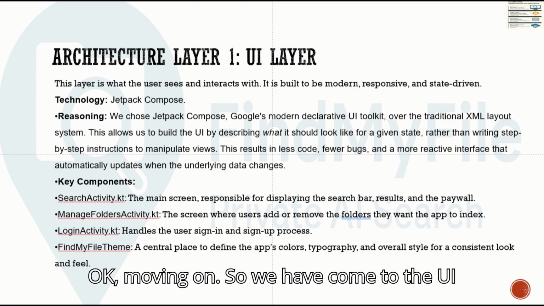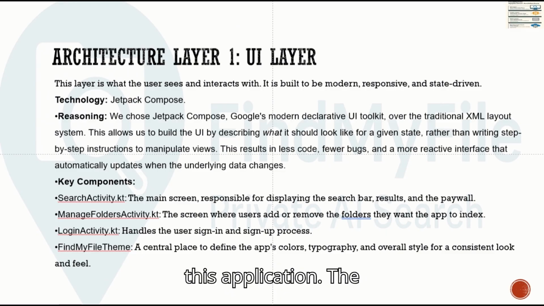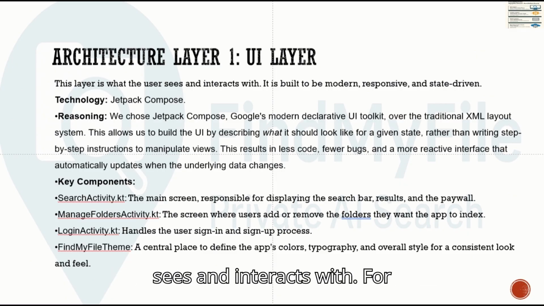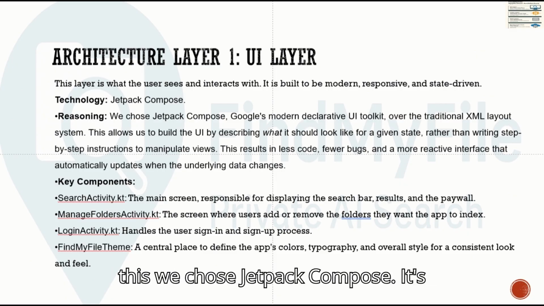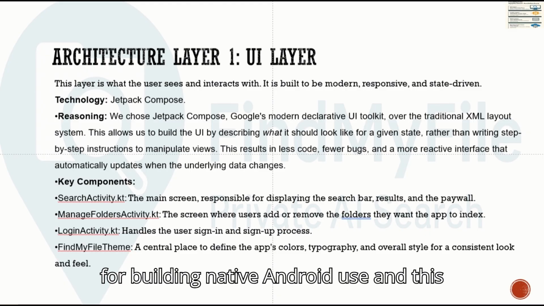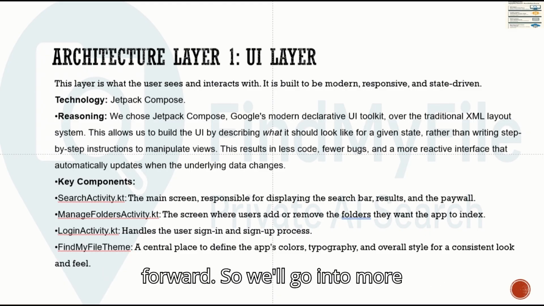Okay, moving on. So we have come to the UI layer, which is the topmost layer for this application. This is what the user sees and interacts with. For this, we chose Jetpack Compose. It's the modern toolkit from Google for building native Android UI, and this is what you're expected to use going forward.